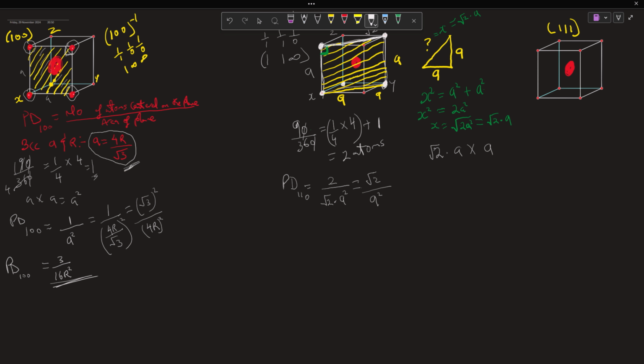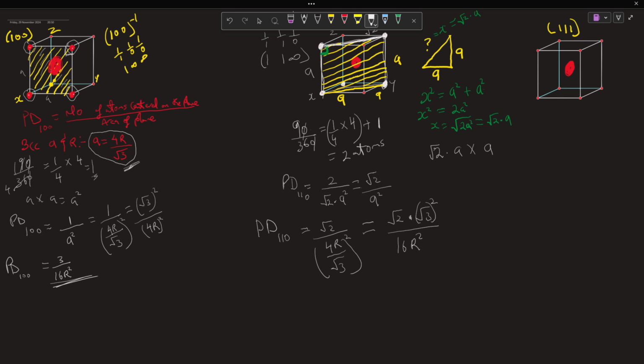So we go ahead and say planar density for 110 is equal to root 2 over (4r over root 3) all squared, which is equal to root 2 times root 3 squared over 16r squared.